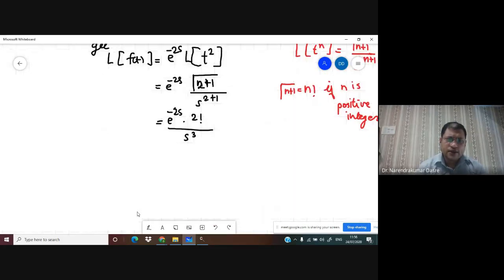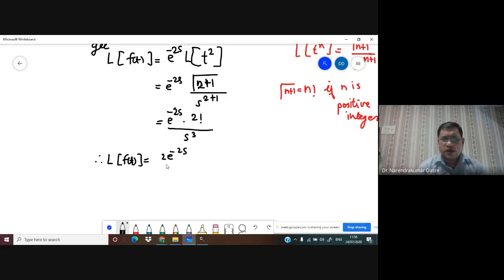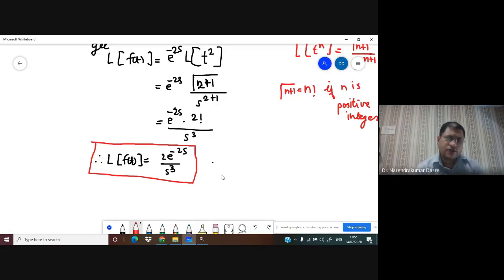So I am able to get the Laplace transform of f of t equal to 2 e raised to minus 2s upon s cube. Here 2 factorial is the same as 2, and so the Laplace transform of this function f of t is 2 into e raised to minus 2s upon s cube.